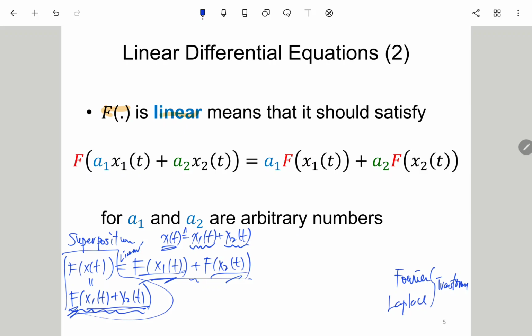Suppose you buy something in the supermarket or on Taobao. For product A you pay $10 and for product B you pay $20, but sometimes if you buy A and B together, maybe you only need to pay $28 rather than $30. You have some discounts, something like that.